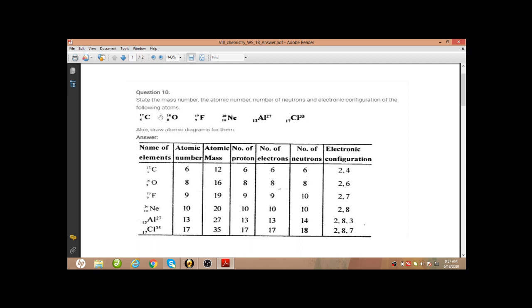For those atoms, it is better if you revise, and whenever you study, you will easily remember this. So the mass numbers for a few elements, better you remember.